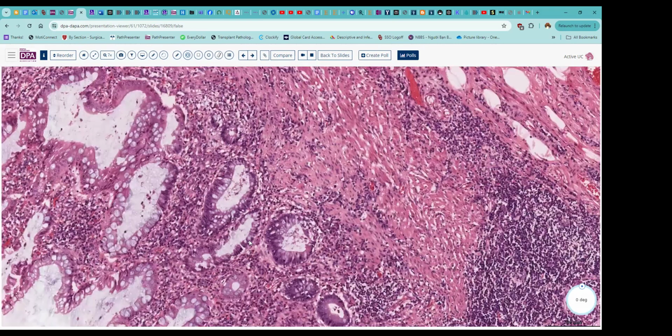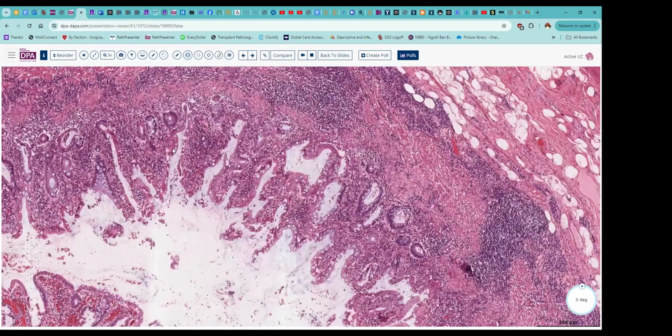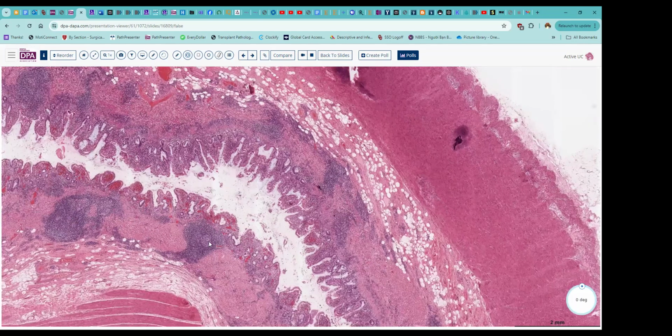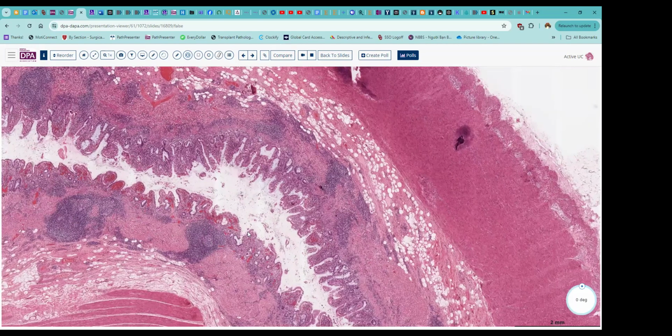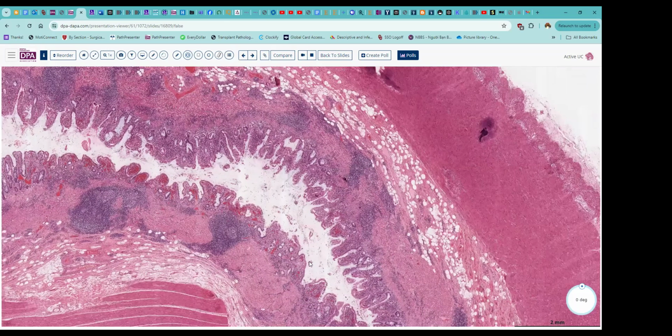That is also a marker of the inflammatory changes. So not as dense, a variable pattern of chronic inflammation, but a secondary pronounced smooth muscle hyperplasia of the muscularis mucosa.